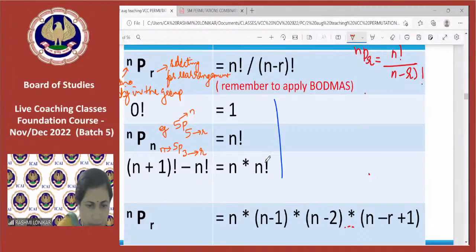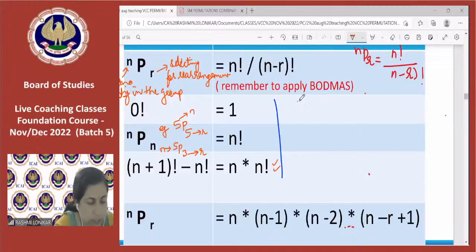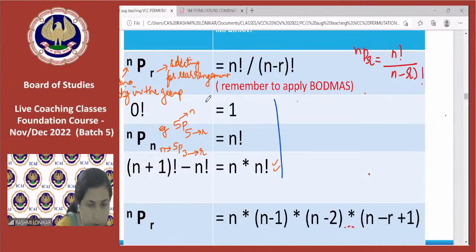We are discussing this. Let me increase the size of the pen. So my sum says I want to find n plus 1 factorial minus n factorial. I want to simplify this.